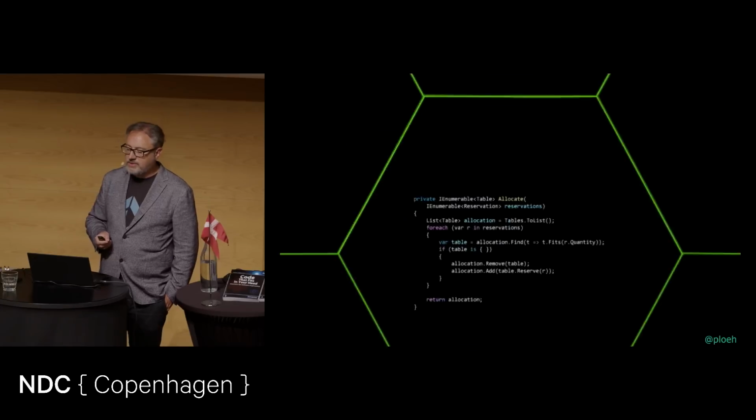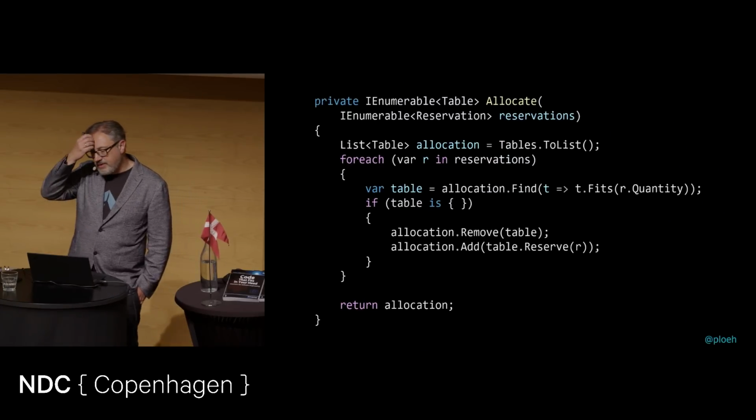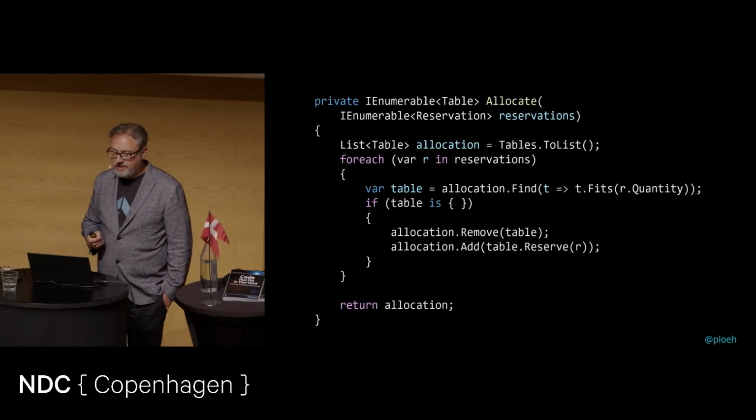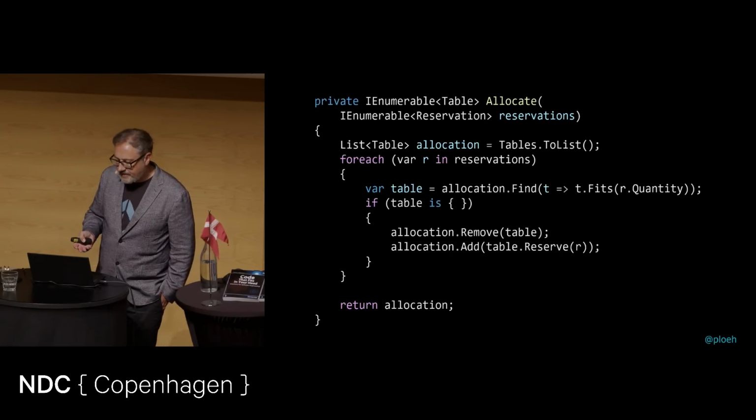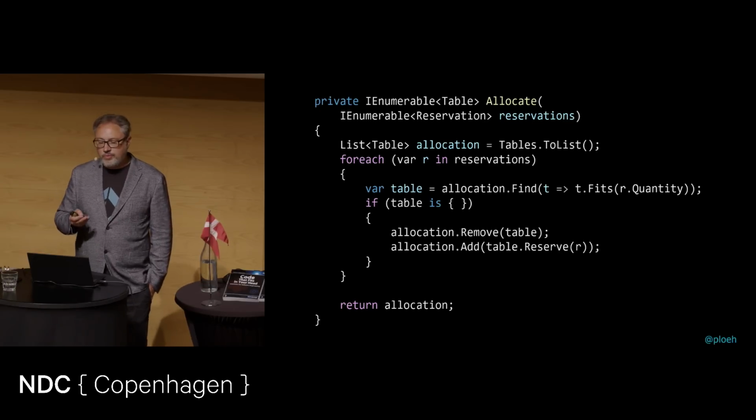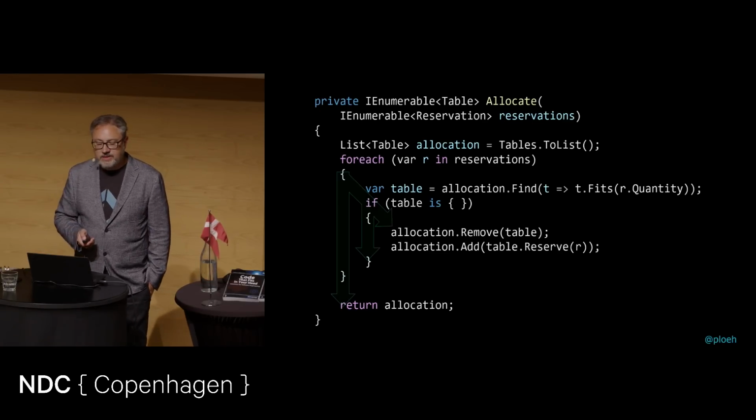So that's why I wanted to talk about this allocate method that I accidentally zoomed in on a little too early. This is the allocate method that you've looked at already. It has a little bit of complexity, the cyclomatic complexity of 3 that I already talked about.